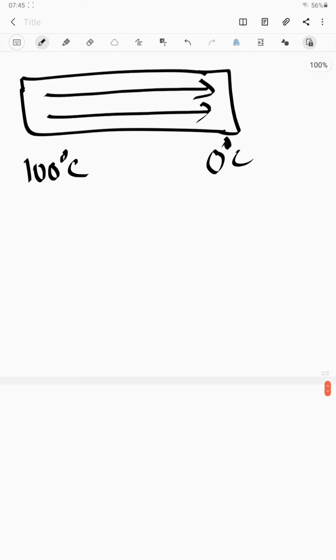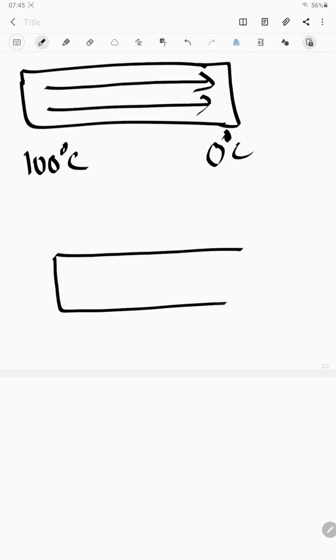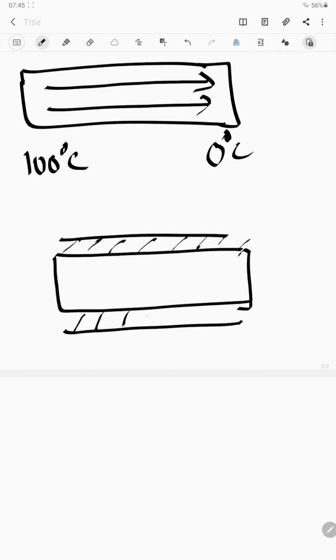Alright, so now we assume heat conduction through a rod. So suatu rod ni, dia surrounded dengan insulator. Sekeliling ni dia ada insulator. So what will happen?